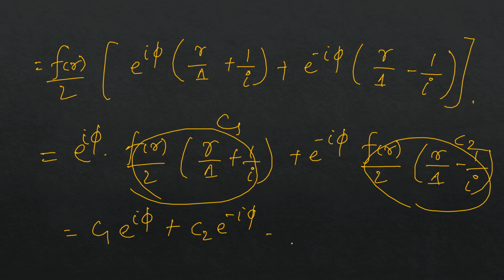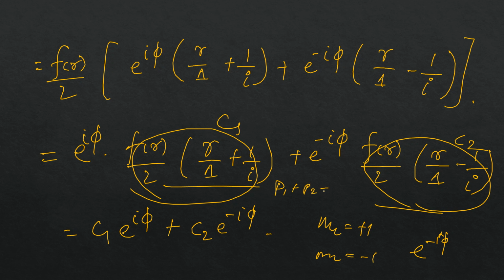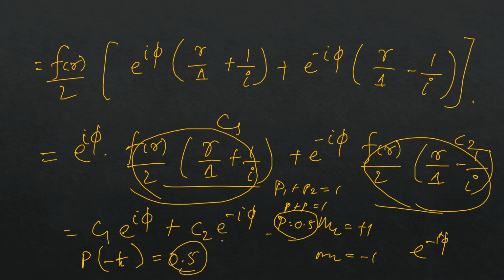Your state can be expressed as a superposition of ml plus 1 and ml minus 1 with equal probability. So P plus P is 1, because the probability is the same, so P is 0.5. So the probability of getting minus h cut is 0.5. That's the answer.